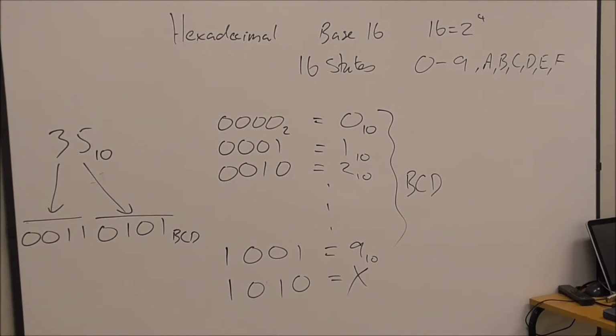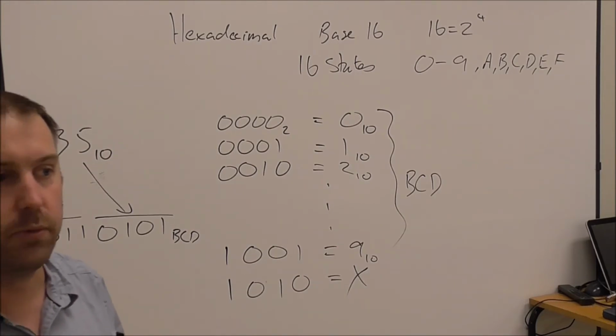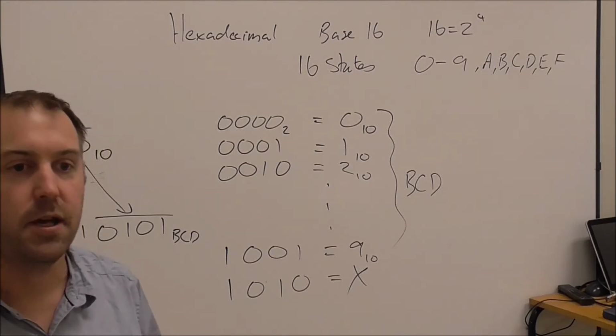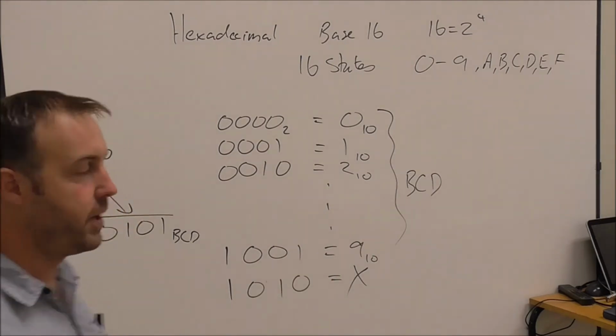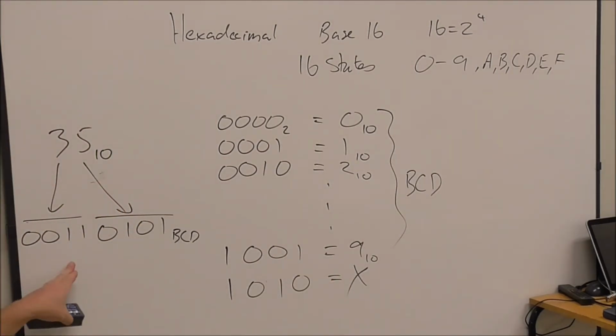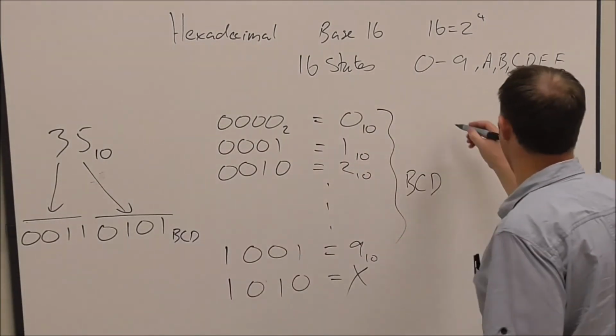Now it would have to be a multiple of 4 for it to actually be a binary coded decimal. You can't have a 7-bit binary coded decimal value because that makes no sense. It must be a multiple of 4 for it to make sense.